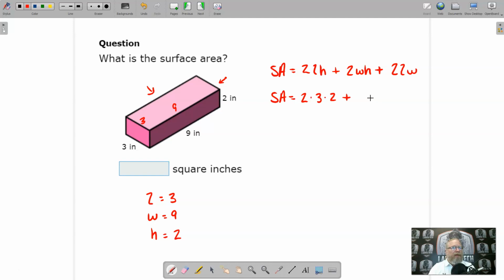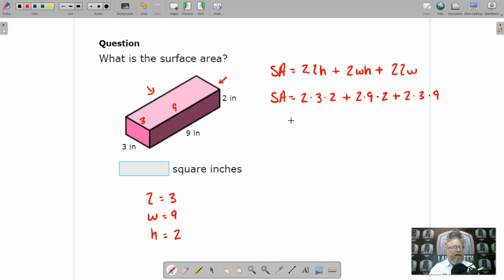And we're going to add to that 2 times the width, which is 9. And multiply that times the height, which is 2. And then add to that 2 times the length is 3. And times the width is 9, times 9, and we're all set up to go.